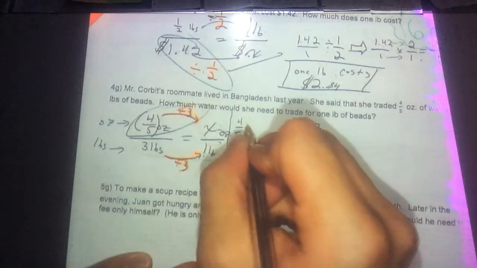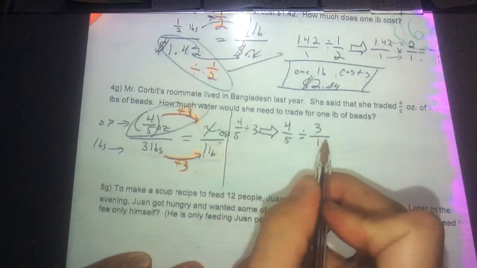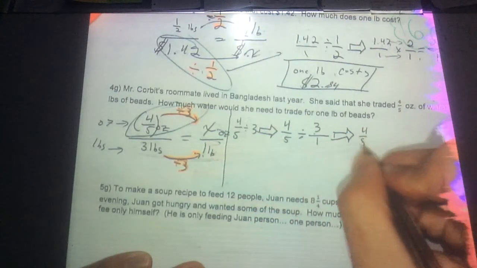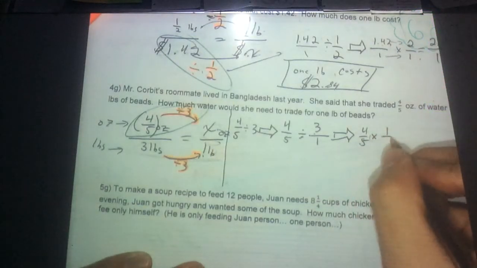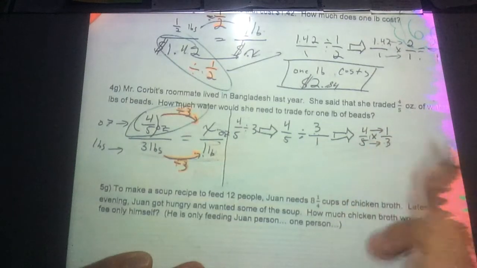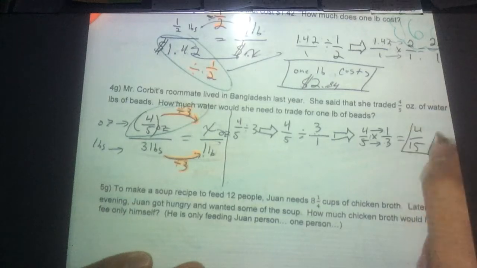So 4/5 divided by 3 turns into this. 4/5 divided by 3 over 1. And then flip the second fraction and multiply straight across, 1/3. 3 over 1 to 1/3 goes straight across. 4 times 1 is 4, and 5 times 3 is 15.